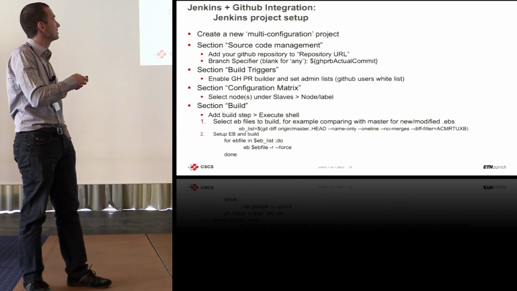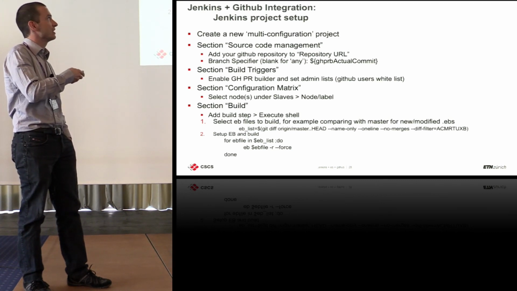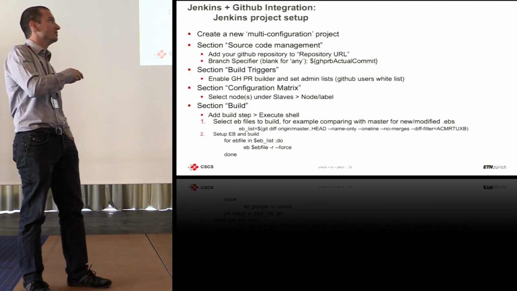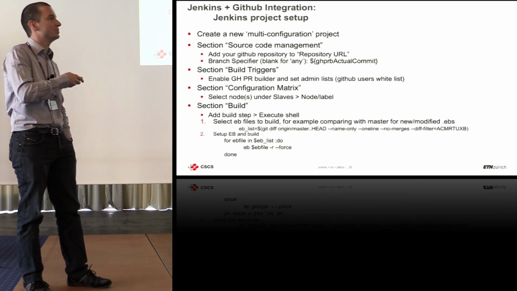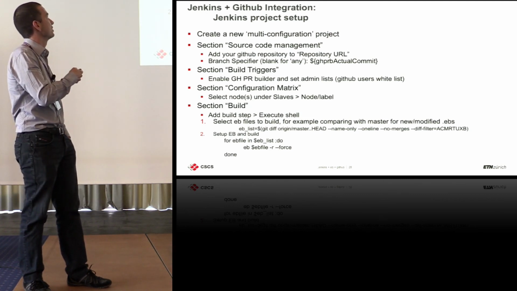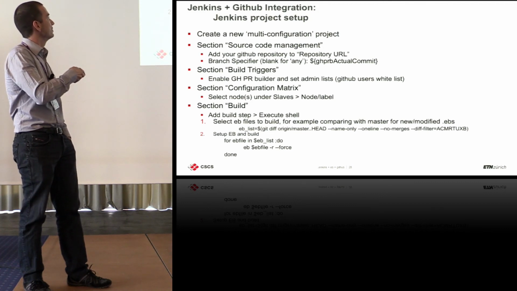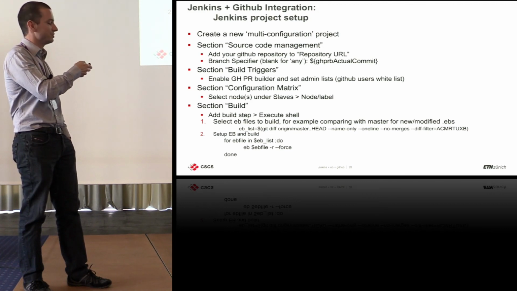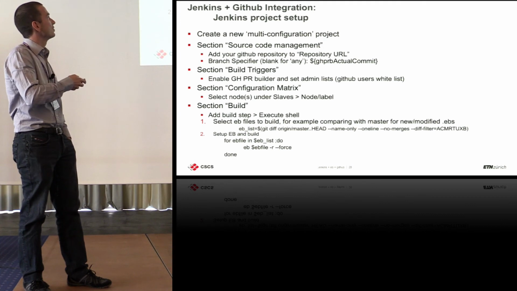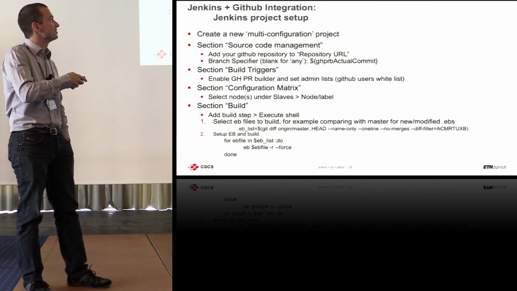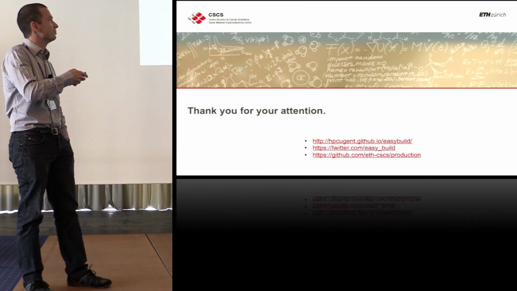This is the part where you set up the project. First you set up Jenkins to connect to GitHub and to test the builds on your system. The second part is to create a project that will use this new slave and test your pull requests. I won't go into details here, just in case you want to reproduce the setup.